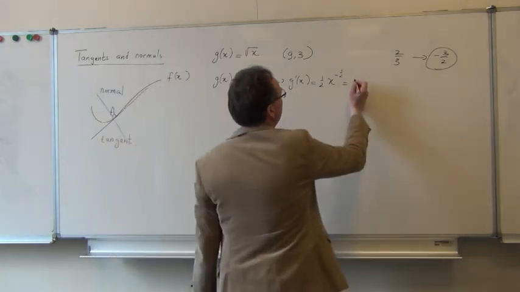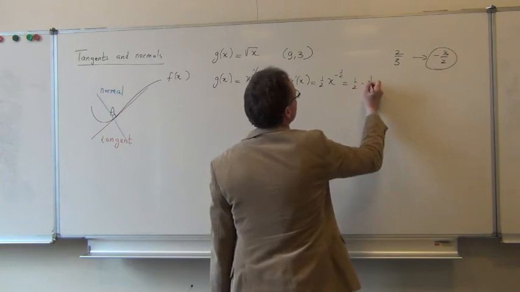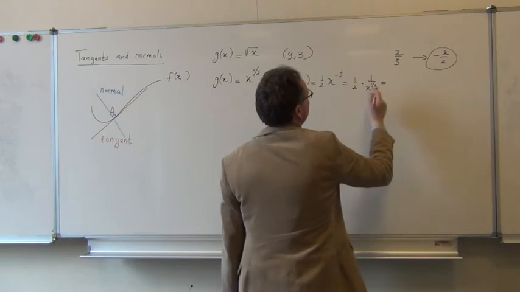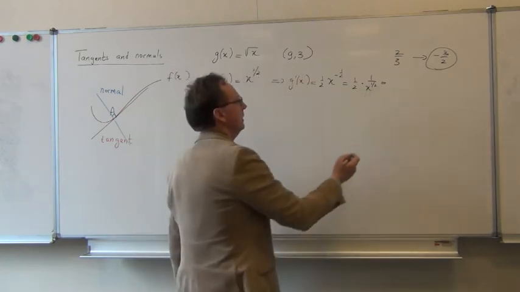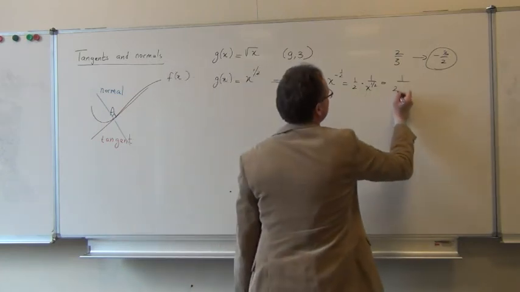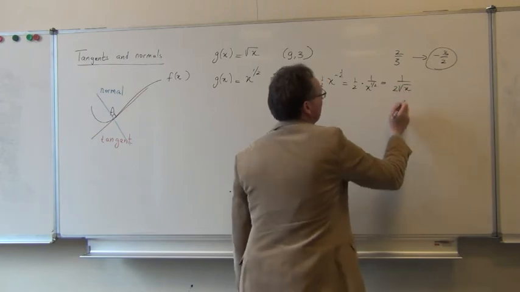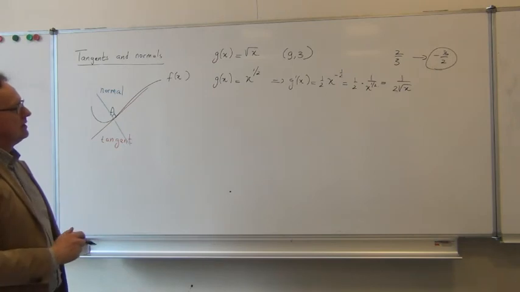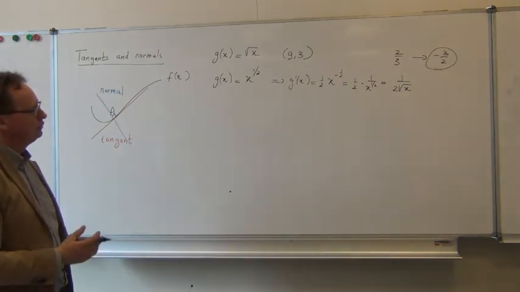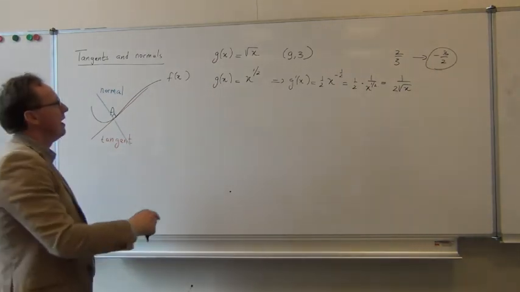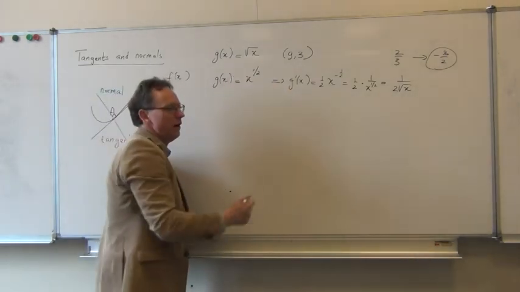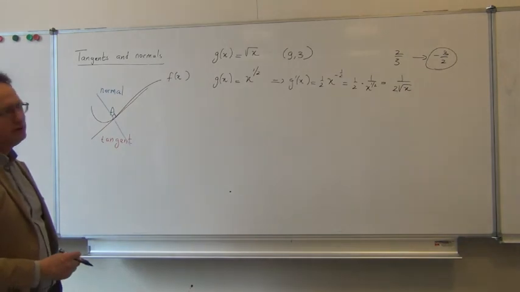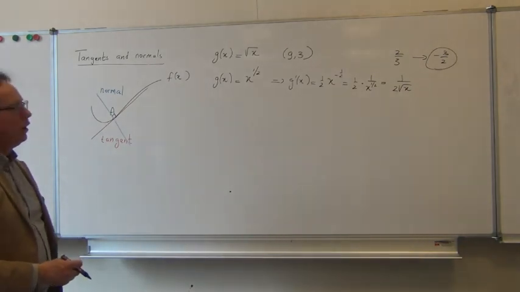So we have half times 1 over x to the power half, so half times 1 over root x, which is 1 over 2 root x. This derivative occurs quite often, so I would recommend to just memorize it. If you start with root x, the derivative is 1 over 2 root x. Now let's see how we can use this to find the equation of the normal.